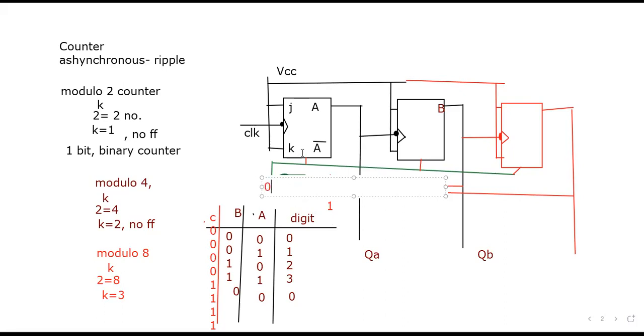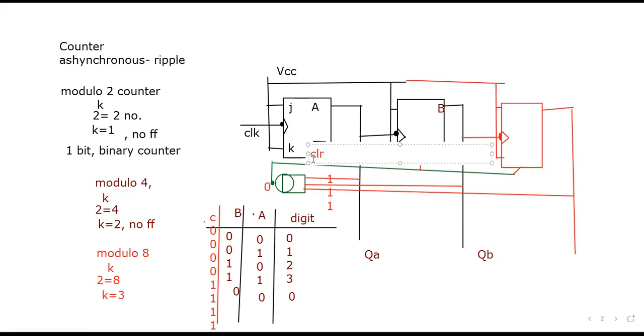So the clear bit, CLR, would be active. Here we have the preset clear bit. So it will convert whatever output we have into 0. This is a 3-digit output.